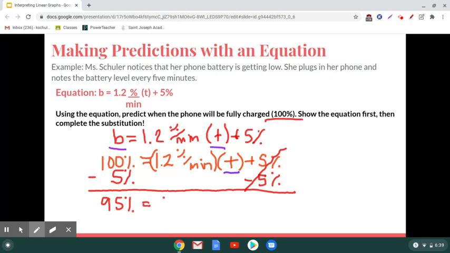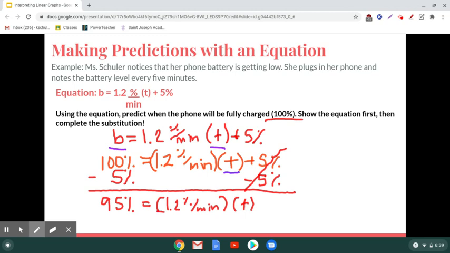I am going to drop down my equal sign. And I still have this 1.2% per minute, and I still have my times T. So I still need to get T by itself. Because that 1.2% per minute and time are next to each other, I can undo that multiplication by dividing.